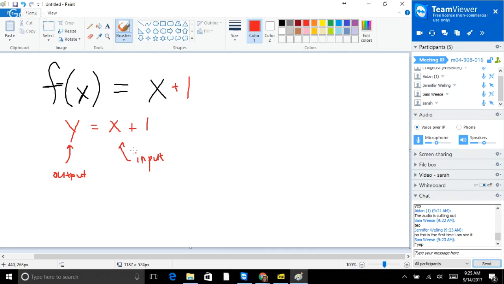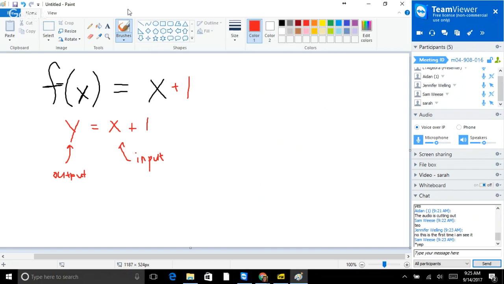So we've been used to this for a long time, right? The y equals x plus 1, because that's kind of what we've done in algebra for a long time. And I know some of you have worked with functions before, so you're used to function notation. But a function has a couple specific things that make it a function, which we are going to talk about, but it's the same idea.